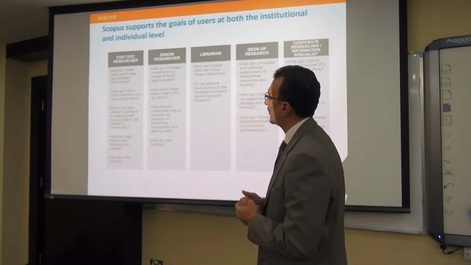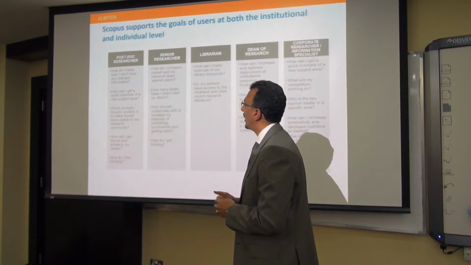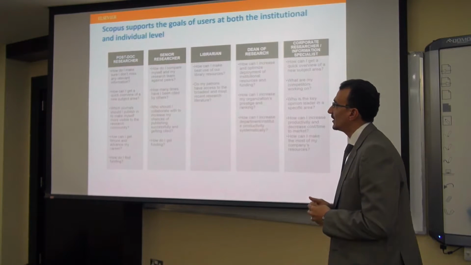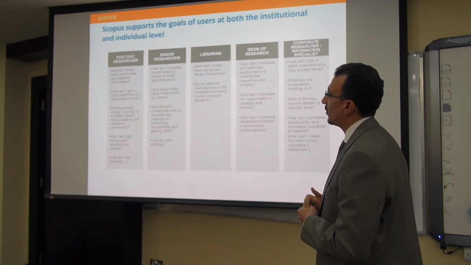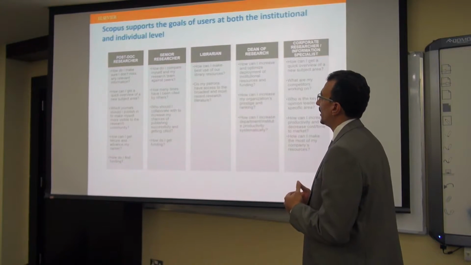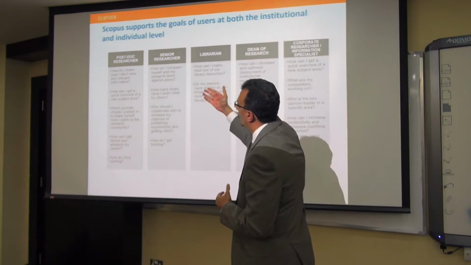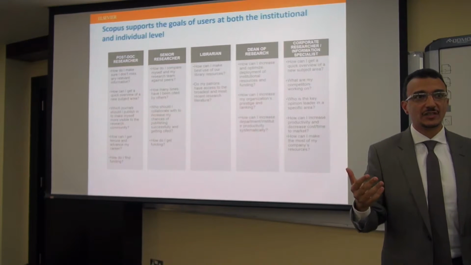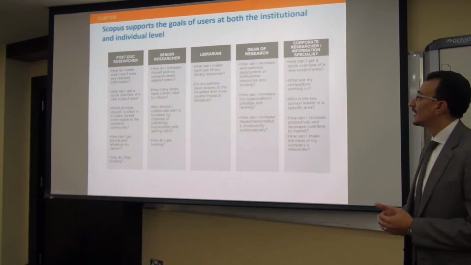For the postdoctoral researcher, for example: how do I make sure that I don't miss any relevant information? How can I get a quick overview of any new subject area? How do I compare my team researchers and their H-index, for example? We'll talk about that.